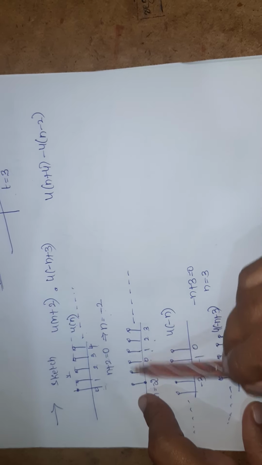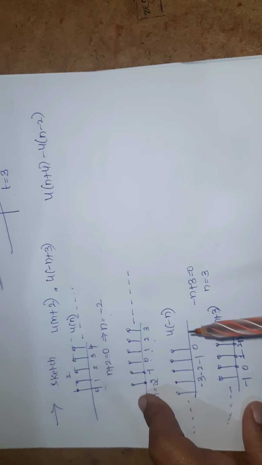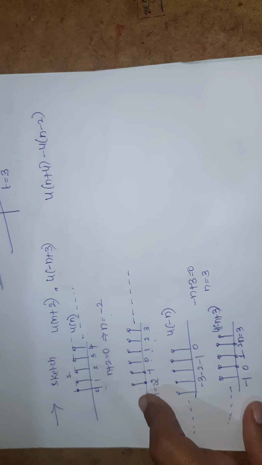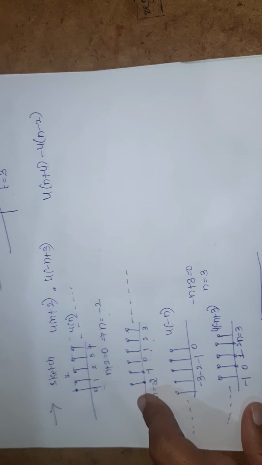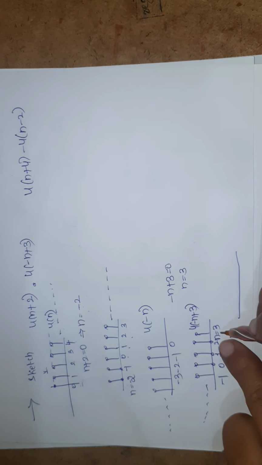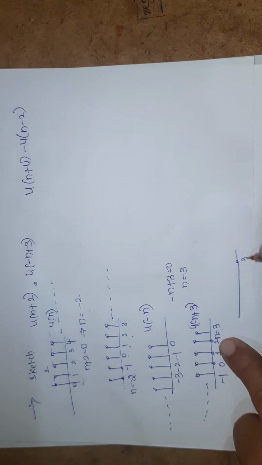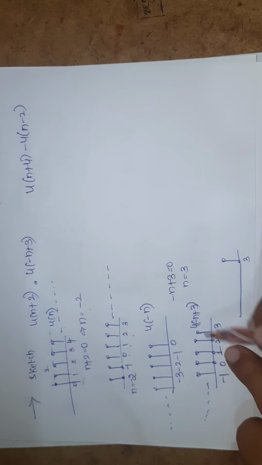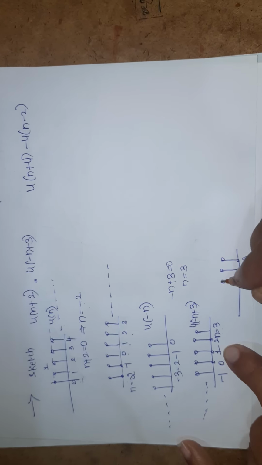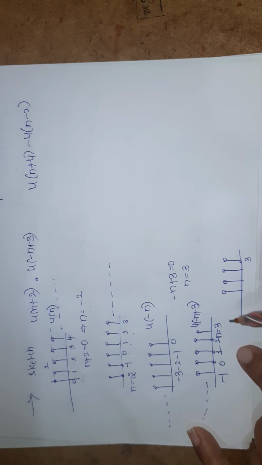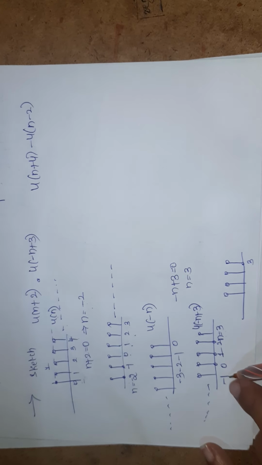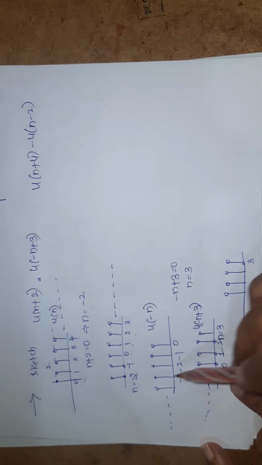And the magnitudes are always 1, and 1 into 1 we will always get magnitude 1. Then the diagram will be like this. It is starting from n is equal to 3 with magnitude 1, 2, 1, 0. Next up to -1 I am having.